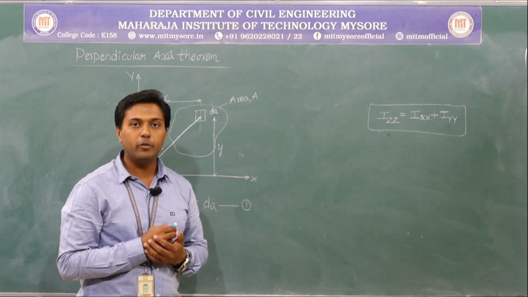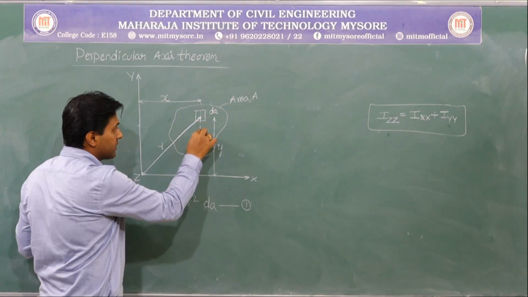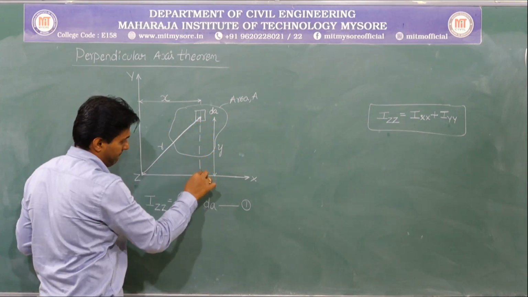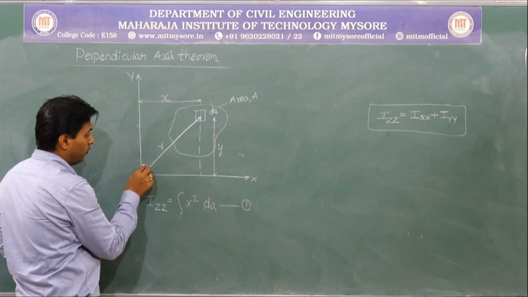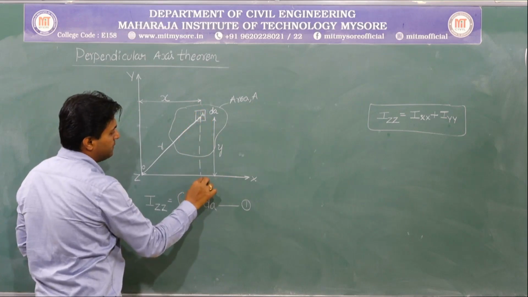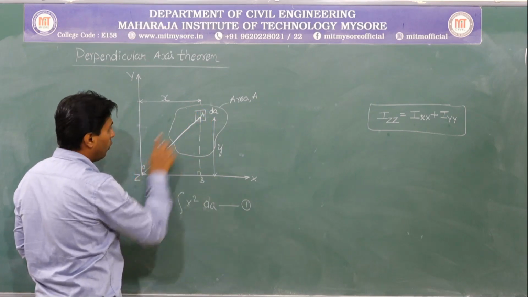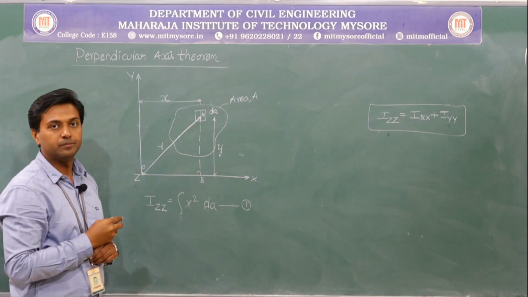Now I will be dropping a perpendicular from this particular line, and let me call this point O, this point A, and this point B. Don't you think that OAB forms a right angle triangle? Yes or no?